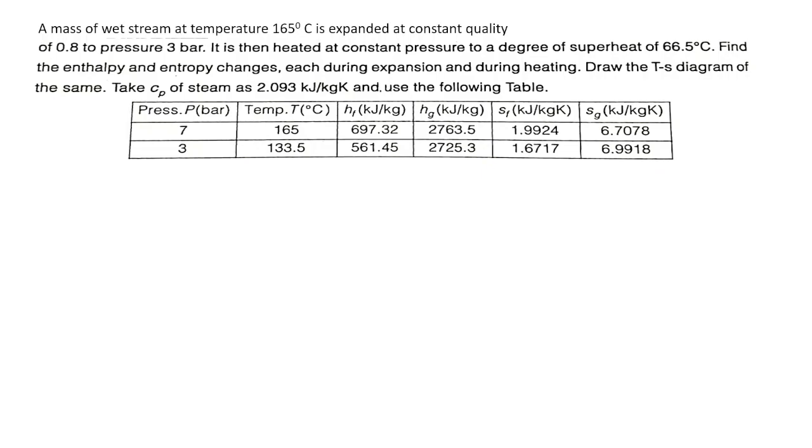In this problem, I will just quickly give a hint and you try. A mass of wet steam at temperature 165 is expanded at constant quality of 0.8, means TS expansion is happening.